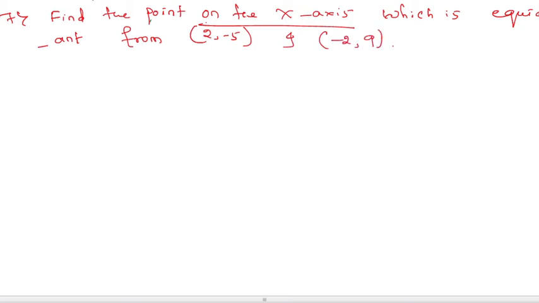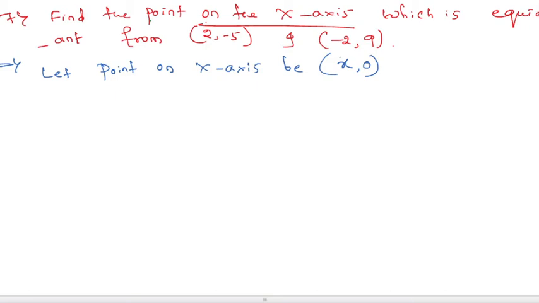Here the simple thing is, let the point on the x axis be x comma 0. Here the coordinates are x comma y. Here, for a point on the x axis, the value of y is 0. So, I have taken x comma 0.